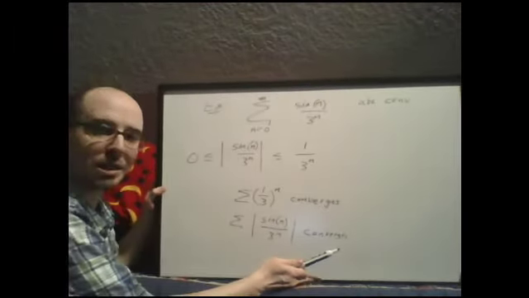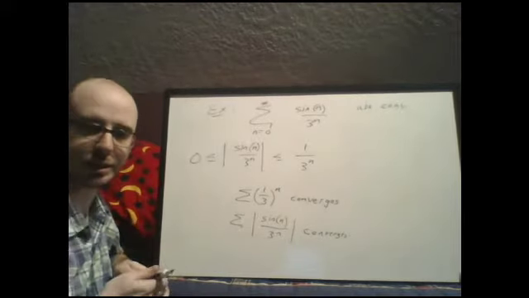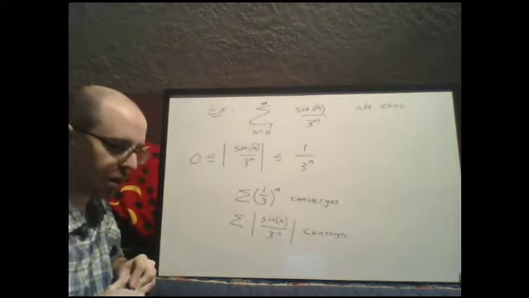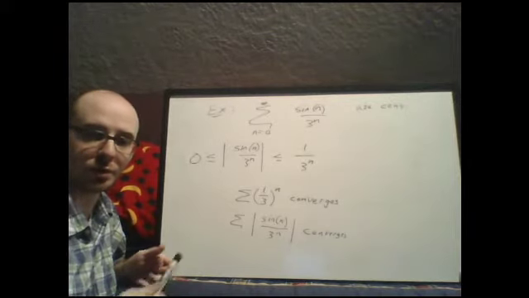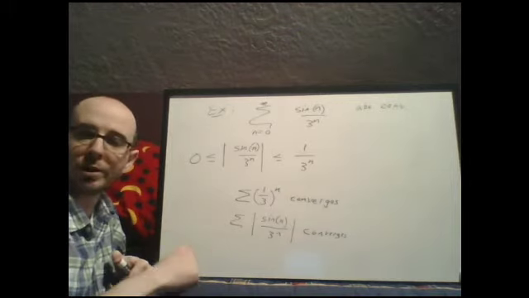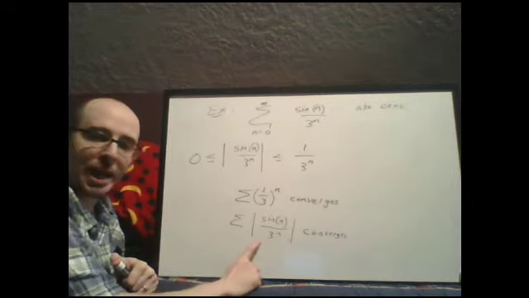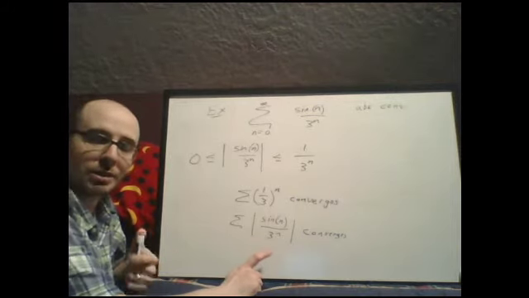Okay, so basically, I kind of mentioned this last time with the alternating series test. It's easier for an alternating series to converge than it is for a non-alternating series to converge. So by making every term positive, by taking the absolute value, that's kind of a worst case scenario for whether or not a series is going to converge.